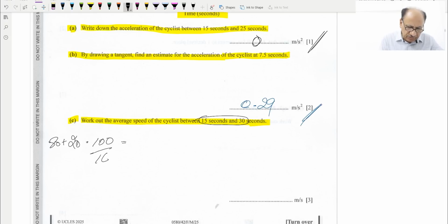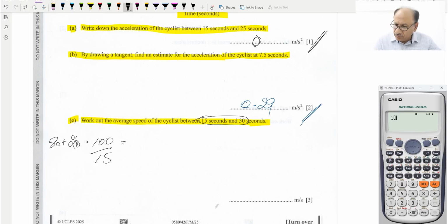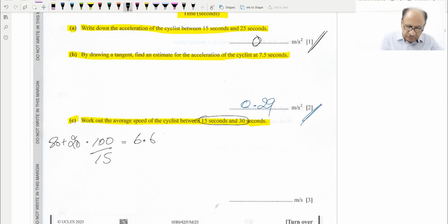So 100 divided by 15 is equal to 6.66, and this will be average speed. 6.66 recurring, or we can write 6.67 meters per second. This will be the speed.